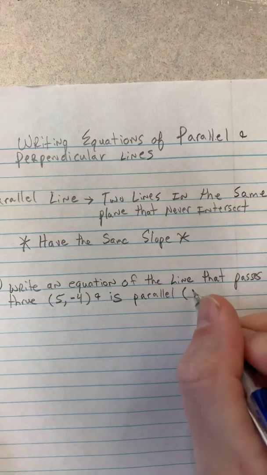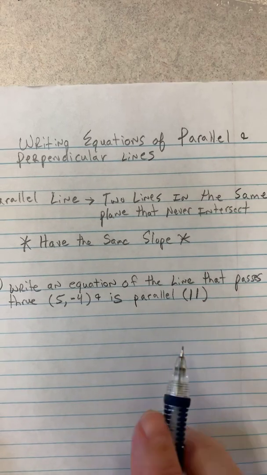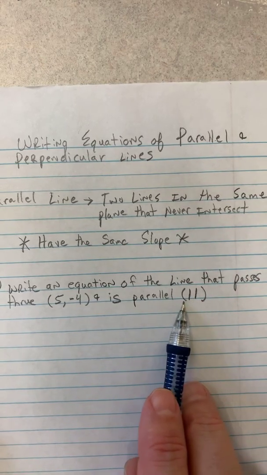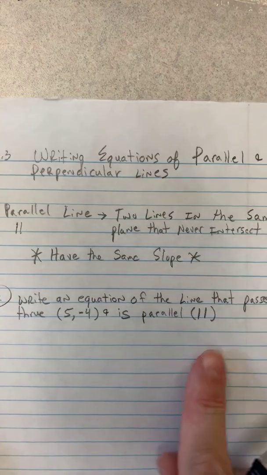And I am going to start using that symbol right there for parallel. Two lines, looks like the number 11. Those are just parentheses there, but this is the symbol for parallel. I'm sick of writing parallel already, so I'm going to use this.